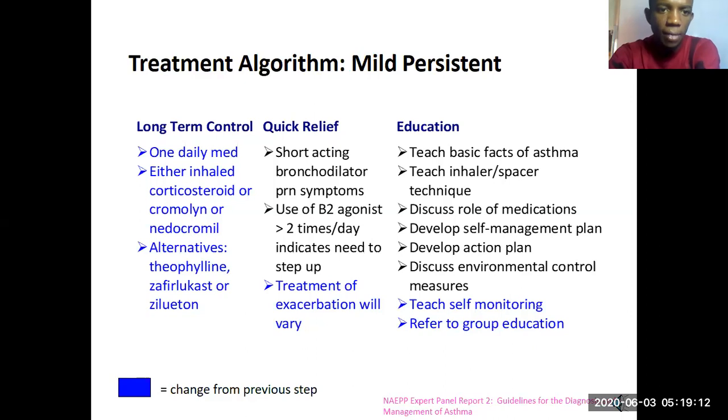Mild persistent: long-term control means there is only one medication, once daily, either an inhaled corticosteroid or cromolyn or nedocromil.